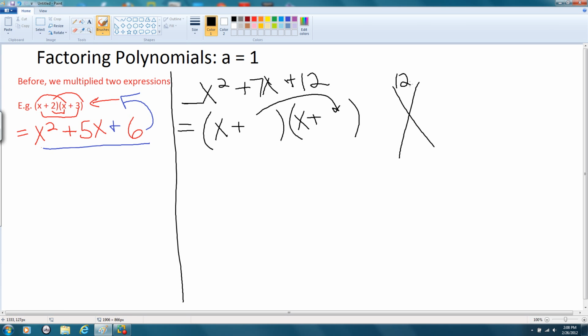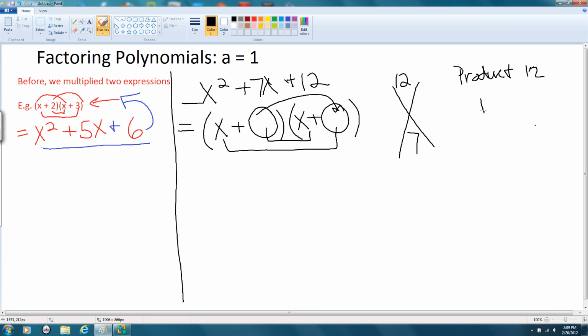So we want a product of 12. And then to get this middle term, we're adding those two, so the sum of them is going to equal 7. So I'm looking for 2 numbers whose product is 12 and whose sum is 7.